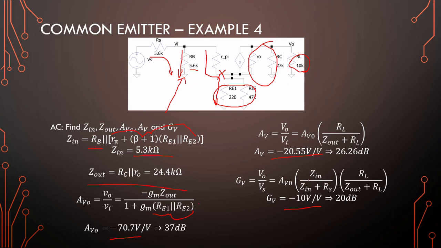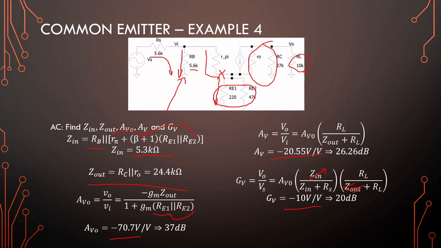So typically in a design, Zin should move towards infinite, and Zout should be much smaller than R load, or should tend to be towards 0. But that is not quite possible in a common emitter amplifier.